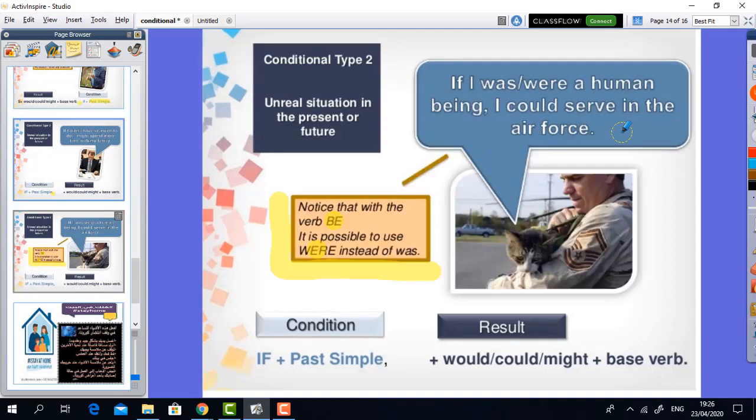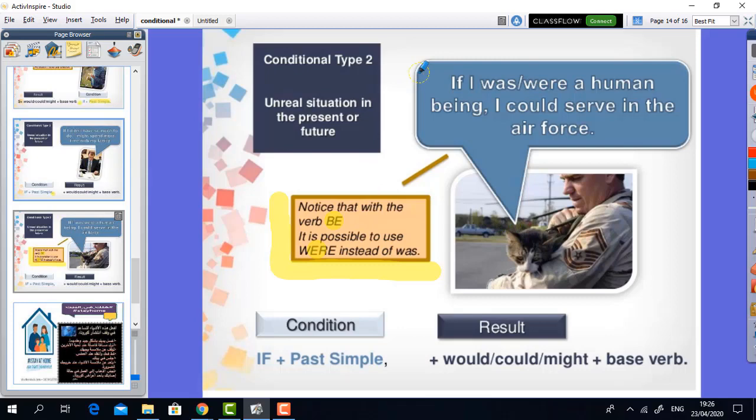Let's take a last example with conditional type 2. Imagine that this cat speaks, and imagine he could be a human. What will he say?